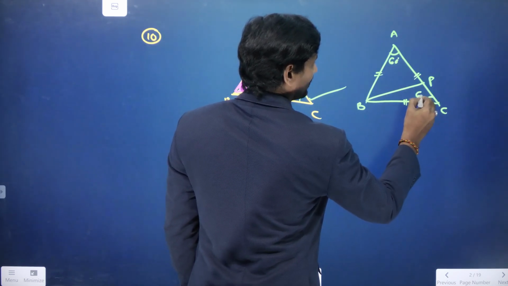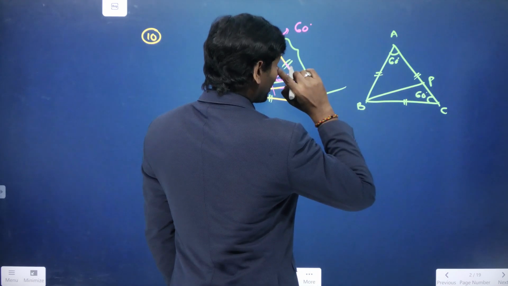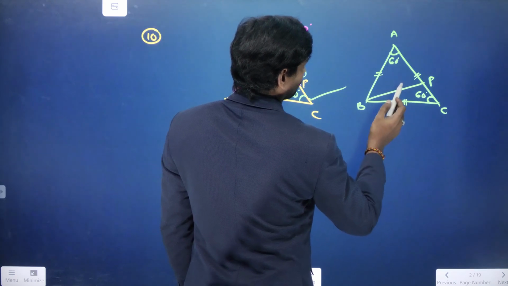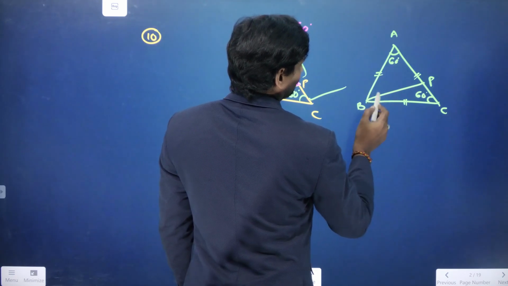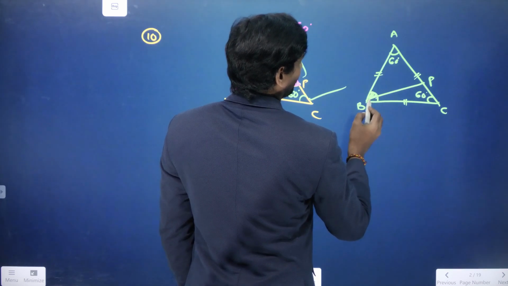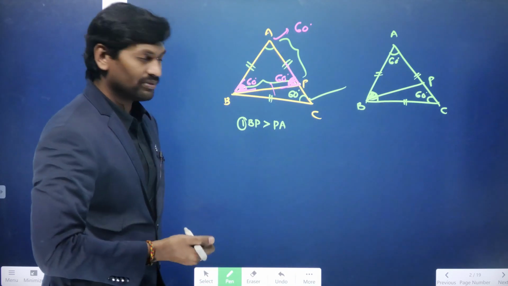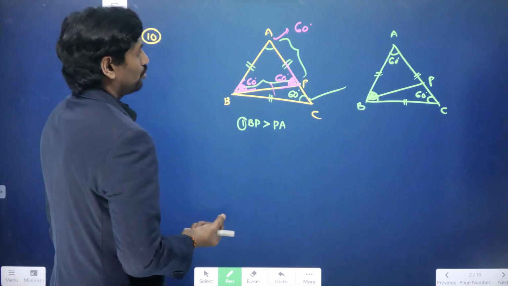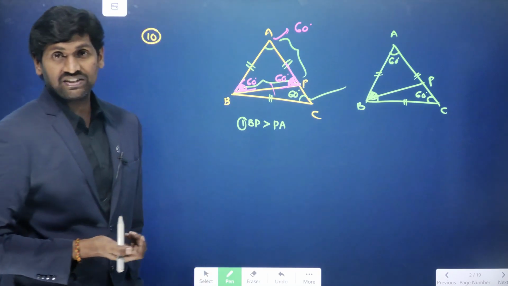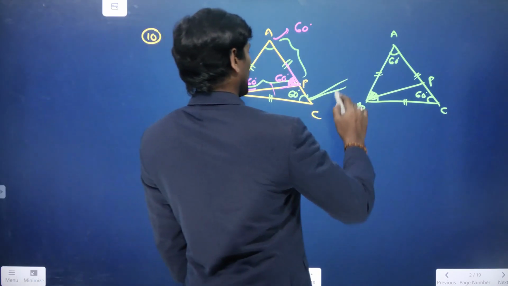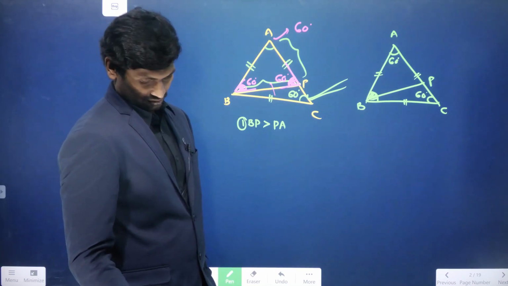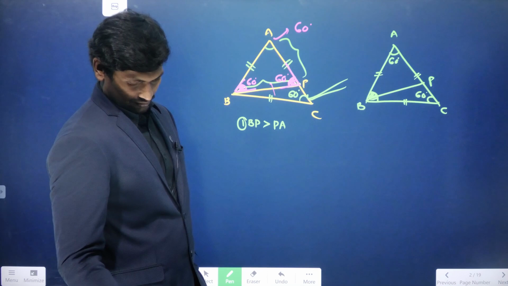This is also 60 degrees. And what about these two? This entire angle is 60 degrees, but it is divided into two parts. We don't know the measure of each one. So we cannot say whether BP is greater than AP or not. We cannot say exactly. But the second option is true: angle C equals 60 degrees.